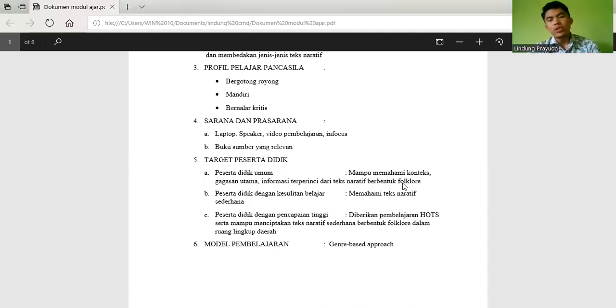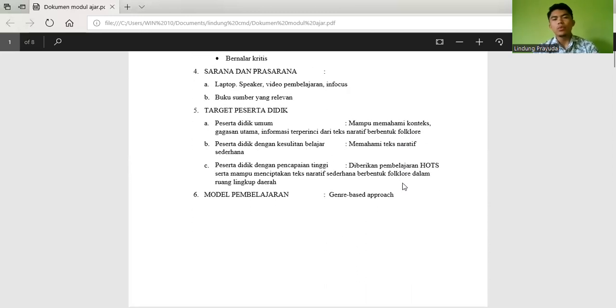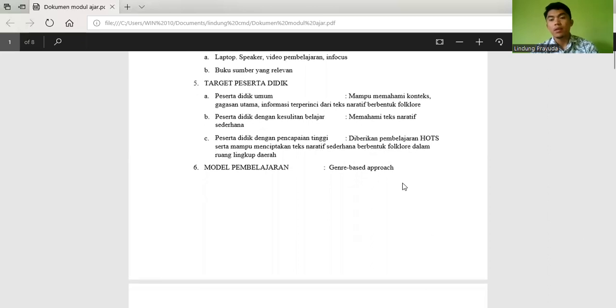And for the students with high achievement, after we gave them the learning, they are able to create a simple narrative text in terms of folklore in their environment, in their region, or where they live.